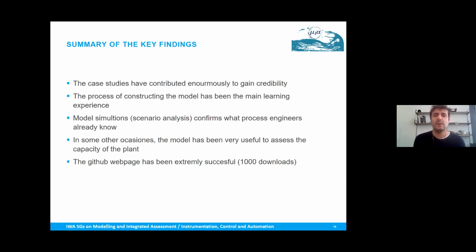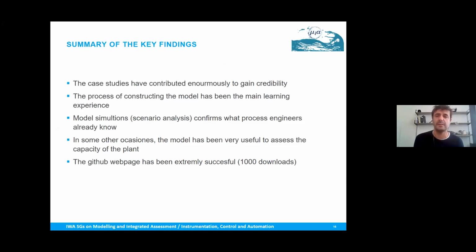And just to finalize my presentation, some important things that we found out were that the case studies we have conducted, this was the first one, but we have 3 more published and 2 more ongoing, have contributed enormously to gain credibility in our models.